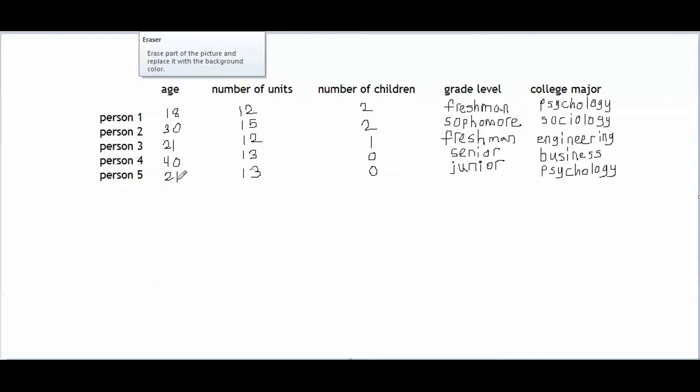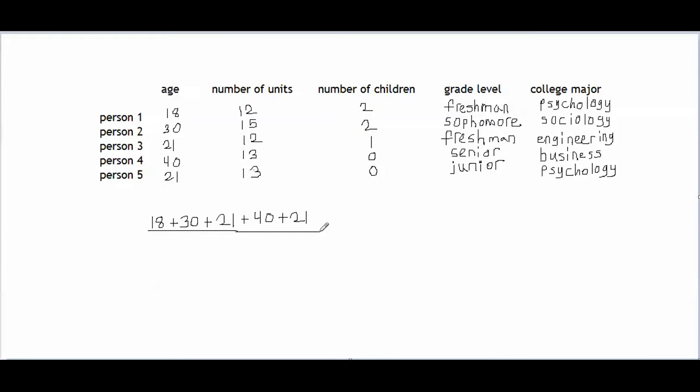We can add up the numbers and divide the total by the number of numbers. We add up all 5 data values and we divide the total by 5, since we have 5 numbers in this column of data.